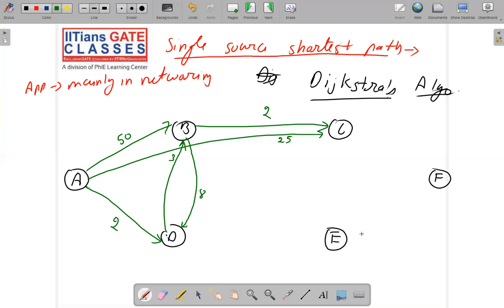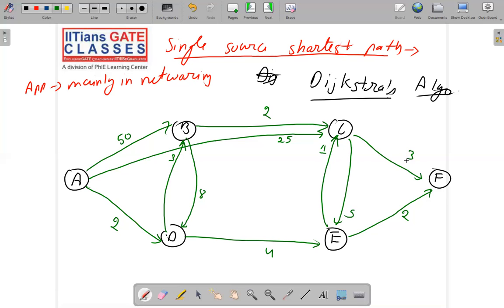From E to F, I can send with cost 2. From D to E, I can send with cost 4. From E to C, it will take 1 cost. From C to E, it will take 5. From C to F, it will take cost 3. From D to F, it will take exactly 1. Now from D to C, there is also one possibility, which will take 1 only.